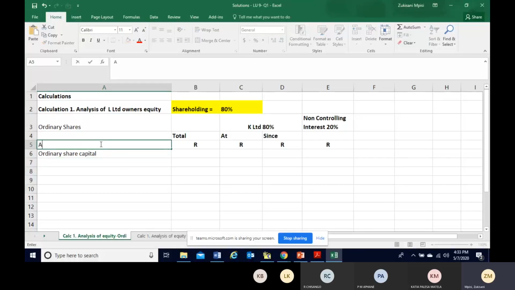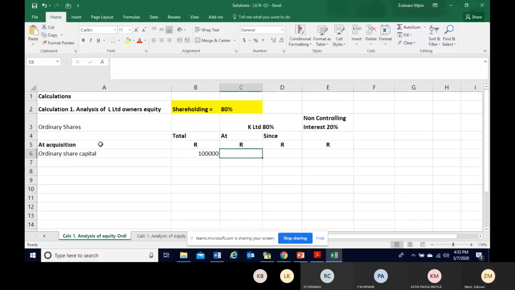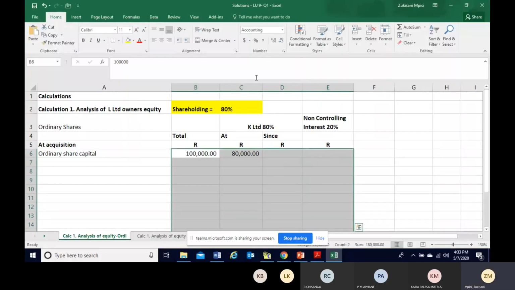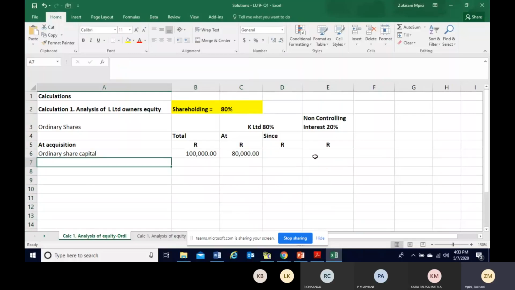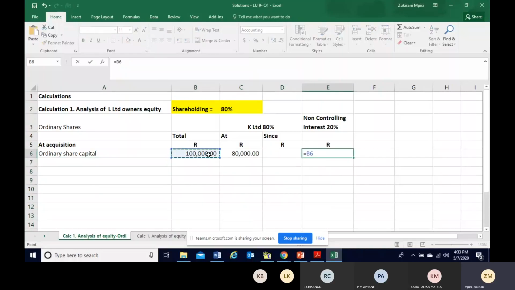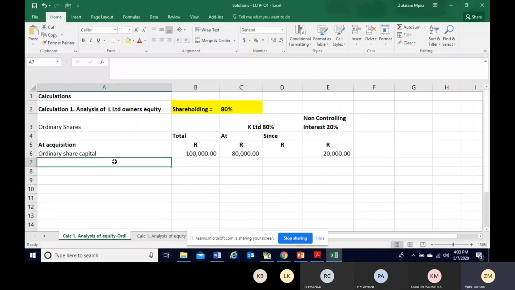This is at acquisition. We've got ordinary share capital of 100,000, which is going to be 100,000 multiplied by 80%. Then the non-controlling interest is going to be multiplied by 20%, which is 20,000.